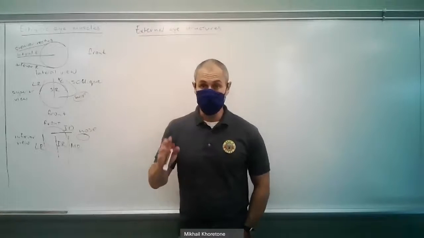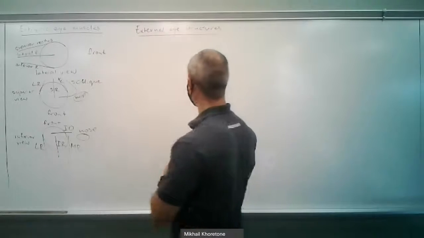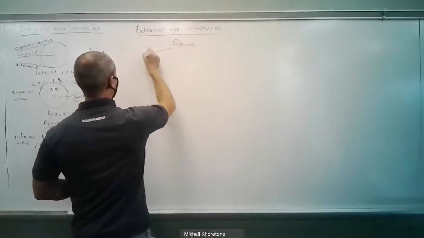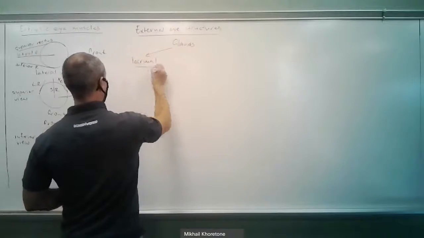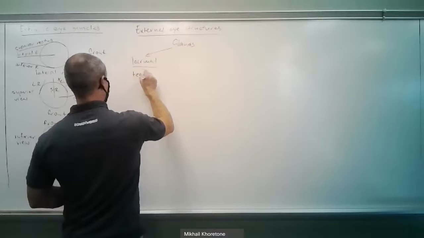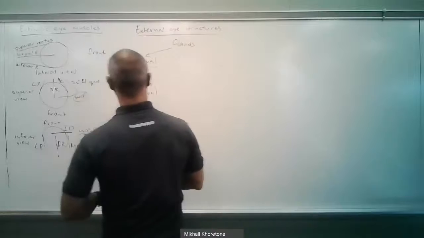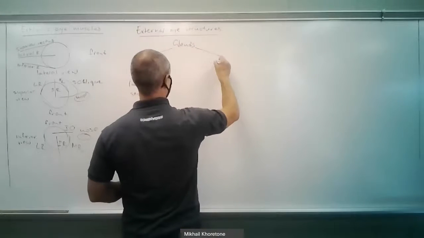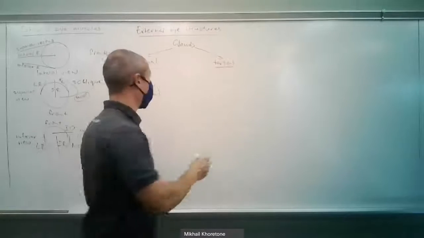Okay. Now I want to specifically focus on the glands. You have lacrimal glands which produce tears. That's watery secretion. You have tarsal glands that produce oily secretion.